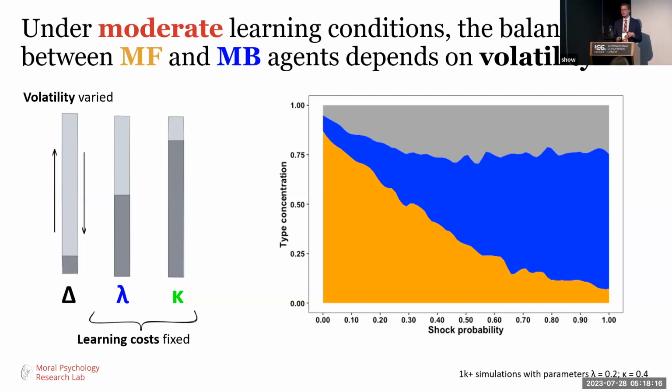But there's still some cost that you have to pay to be a model-based agent. You can see that as the shock probability increases along the x-axis, the population shifts from being mostly model-free to being mostly model-based, with a relatively stable base of individual learners. So whereas before volatility totally wiped out the population of social learners, here that's not entirely the case.